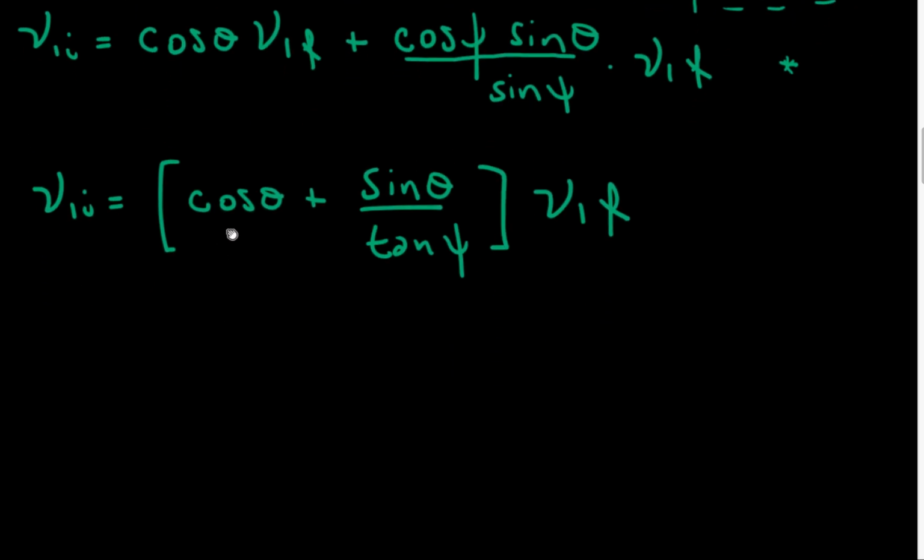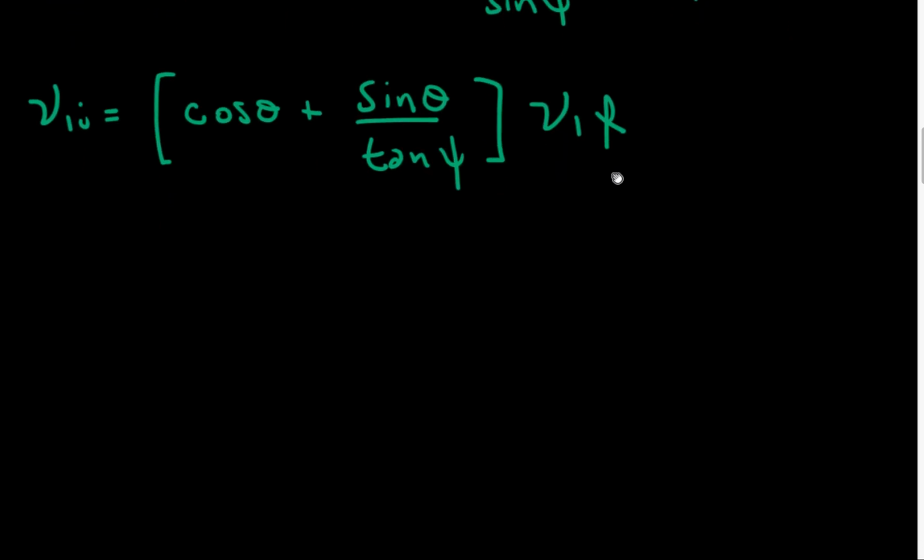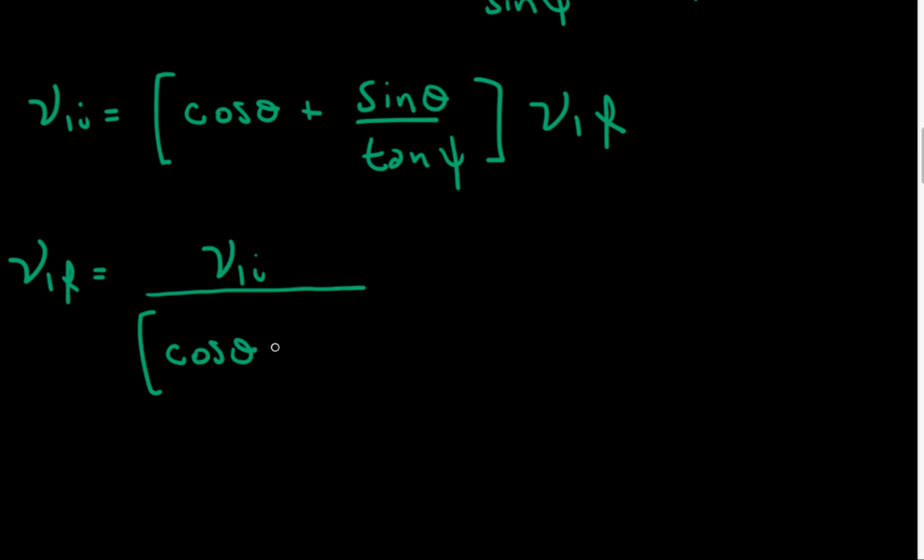And when I do that, I get completely the format of one of our first answers. So velocity 1 final equals velocity 1 initial divided by cosine theta plus sine theta divided by tangent phi.